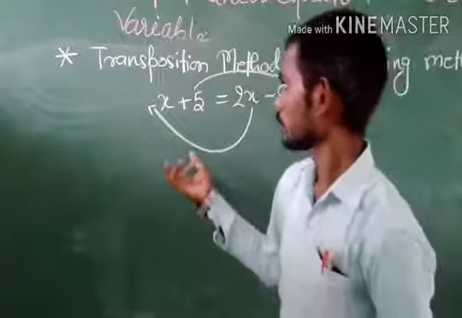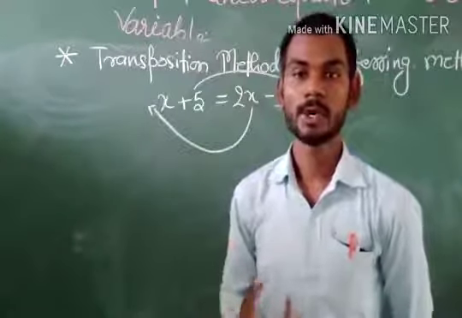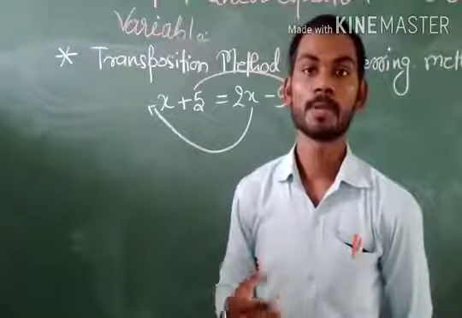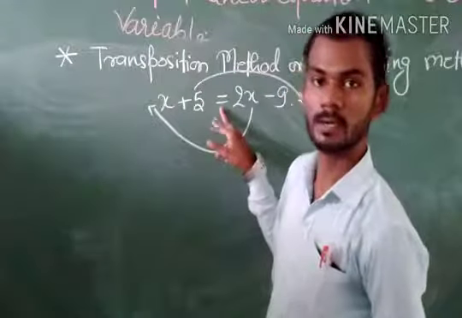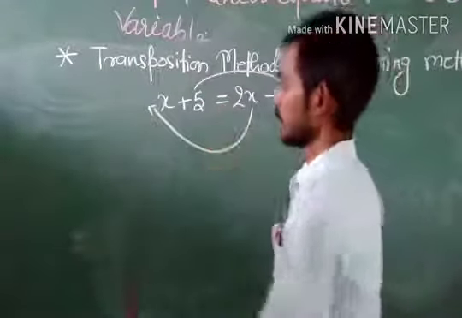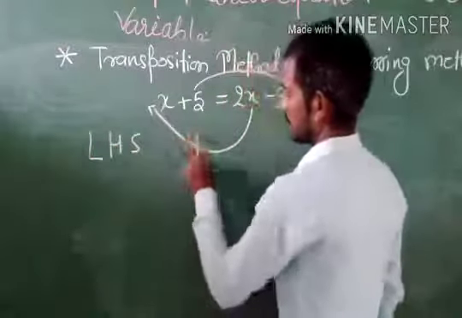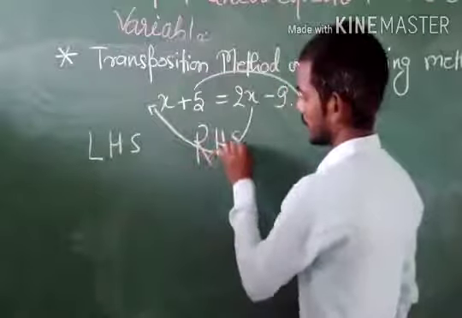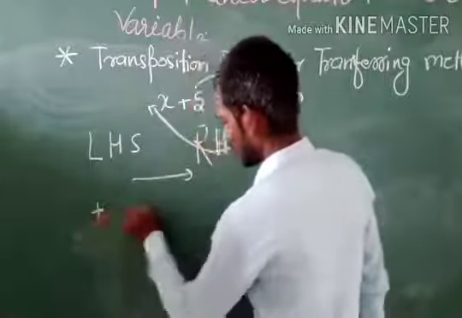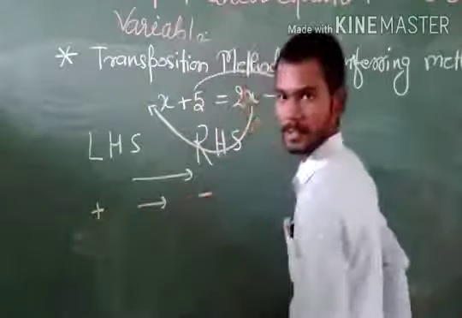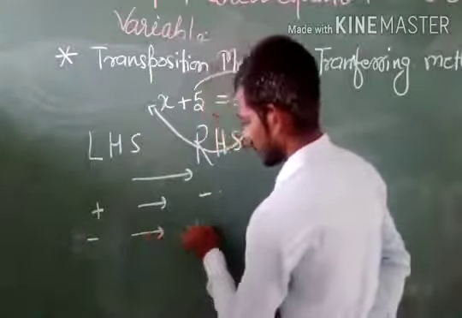In transposition, the sign of the quantity changes when it crosses the equal sign, that is, when it goes from the left hand side to the right hand side. Addition becomes subtraction. Subtraction becomes addition.